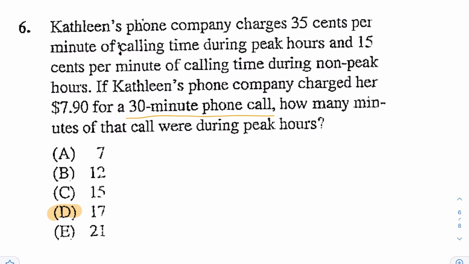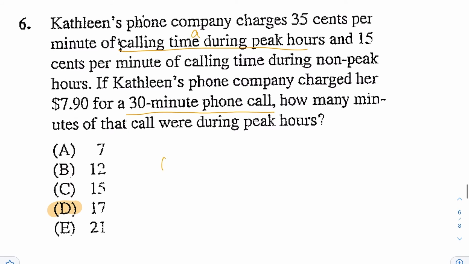So here you know that at the peak hours, we don't know how long it was, so we can call that A. So 0.35 times A plus 15 cents per minute during non-peak hours, we can call that B, is equal to $7.90. So that's the first equation. And the second equation is that A plus B has to be equal to 30.